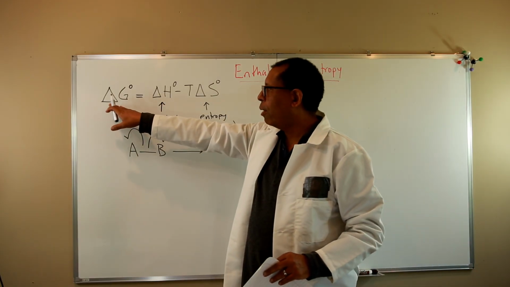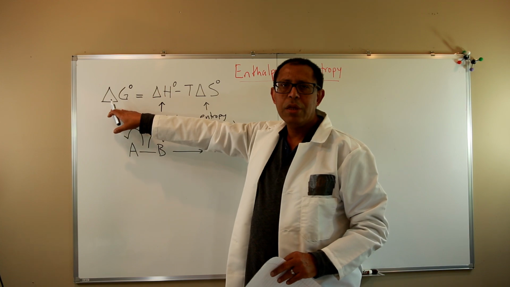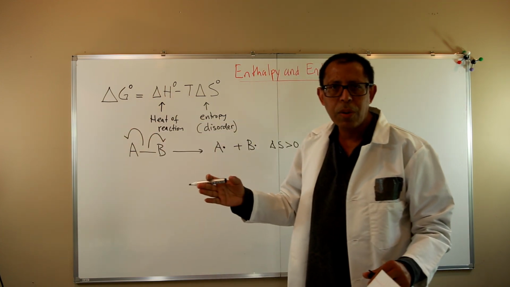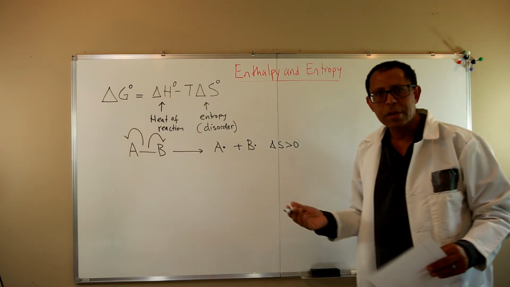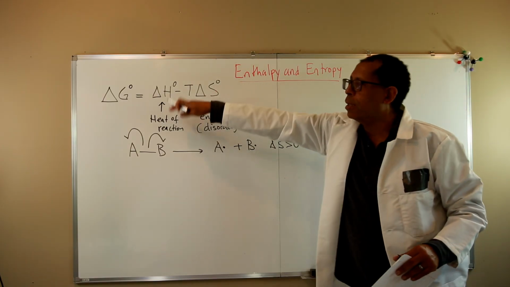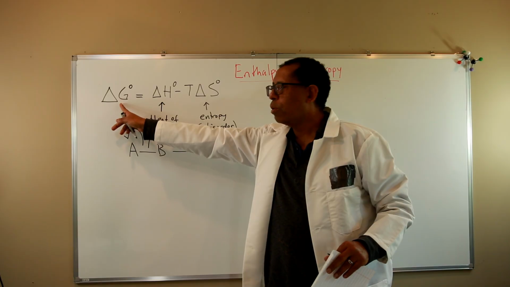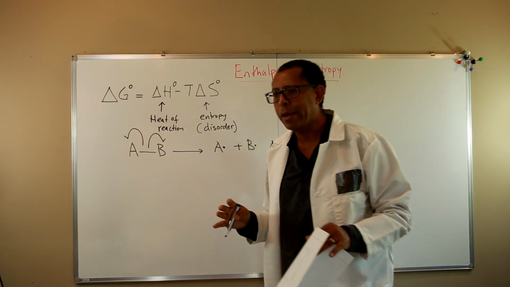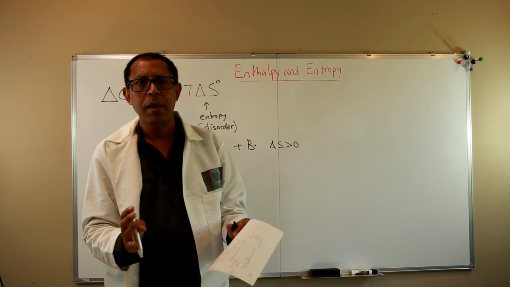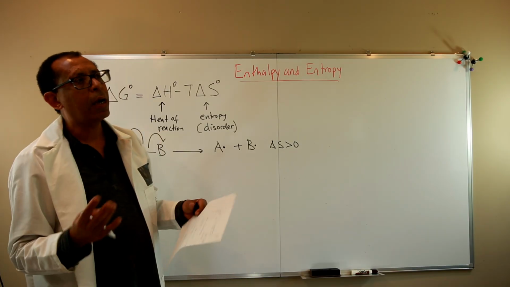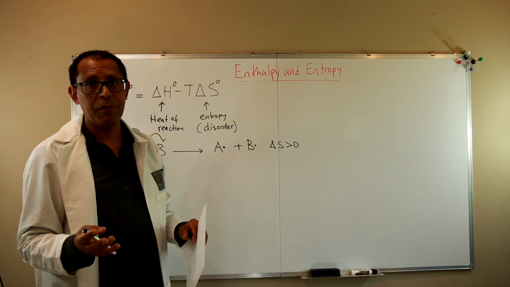So I think overall the delta G could be less than 0 or greater than 0 based on how much that difference is. So delta G, the free energy of a reaction, is a complete accounting of the energetics of a reaction.